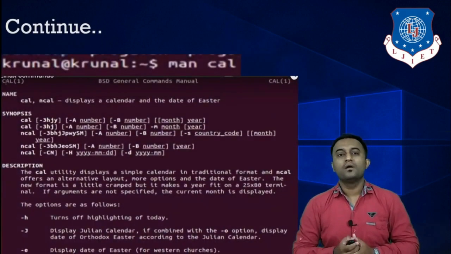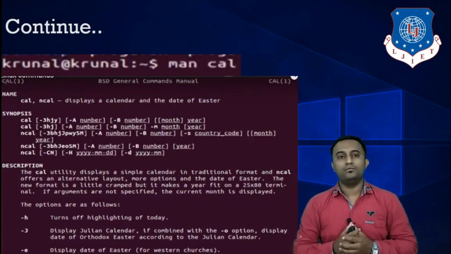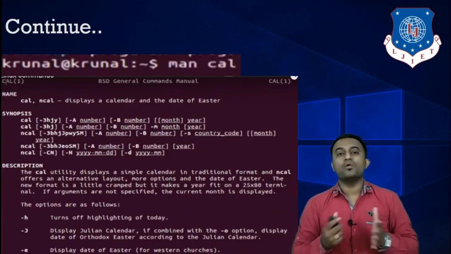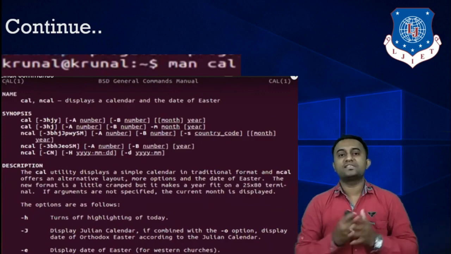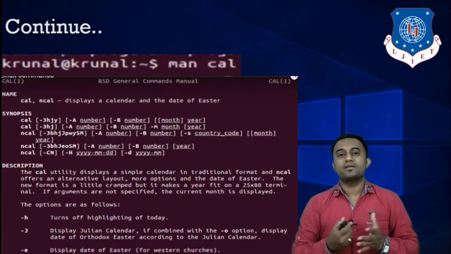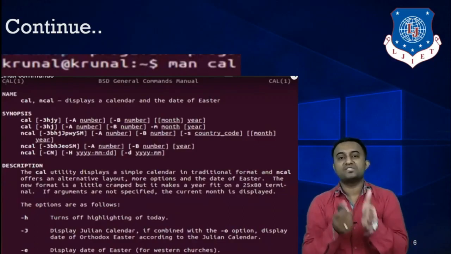Now one more command we have is the man command. Man stands for manual. This command helps users who don't know the syntax or the different options available with a particular command. The syntax is man space command name.